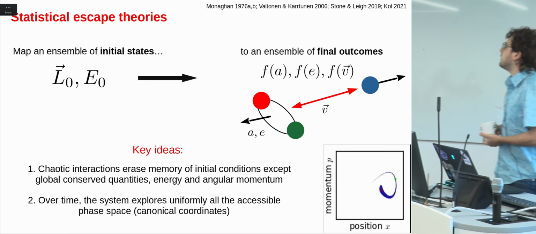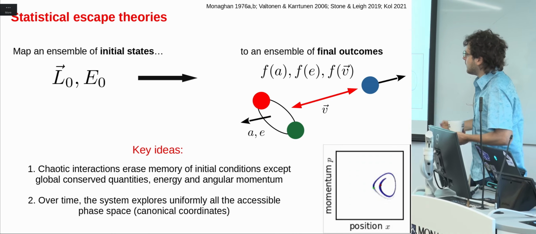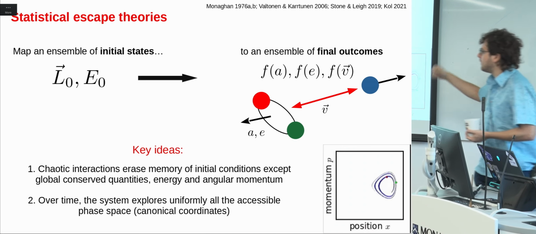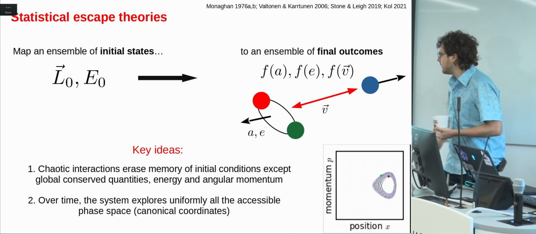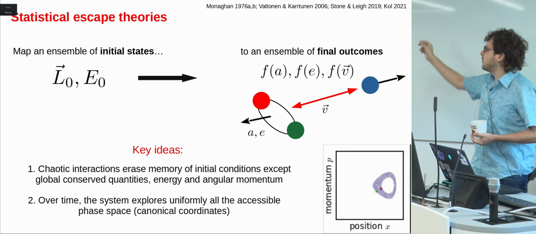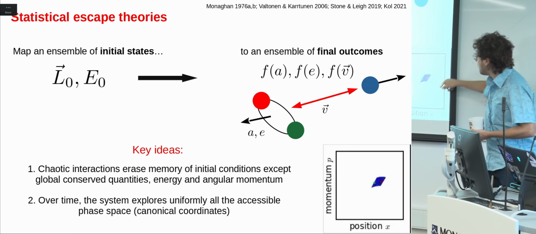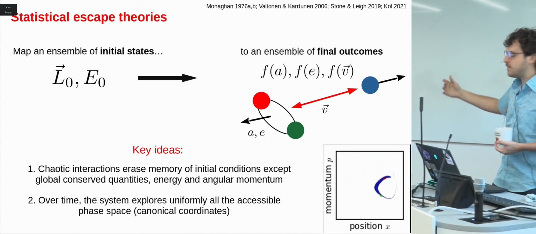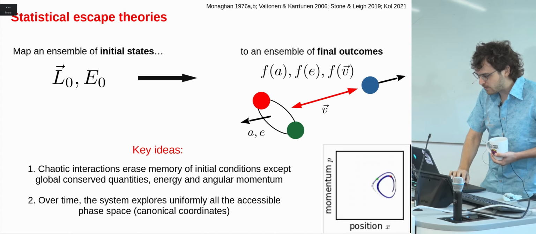So the key idea is that we can leverage chaos to motivate this statistical theory, because chaos effectively erases any memory of initial conditions, so specific velocities and positions, but not the global conserved quantities. Once the system explores uniformly all the accessible phase space as defined in canonical coordinates, you can basically imagine that the system uniformly explores all the available space, and chaos erases all specific information.